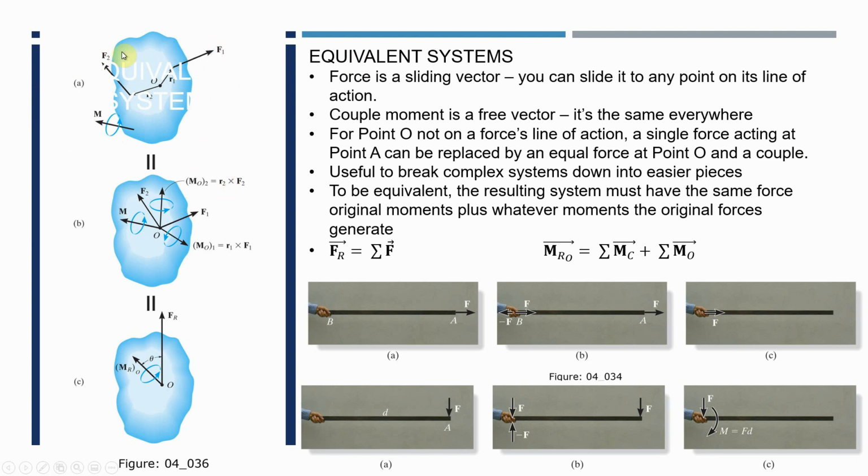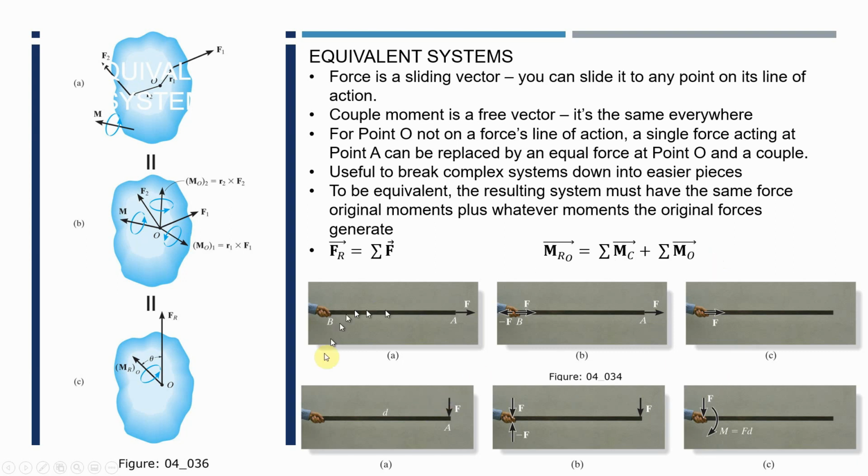So you can add force 1 and force 2 to get the force acting at point O, and then you can add up the three moments. You have the moments generated by the forces, and then another moment externally applied, a shaft, a crankshaft, an axle, something like that. So now you can replace it with one force and one moment acting at O.